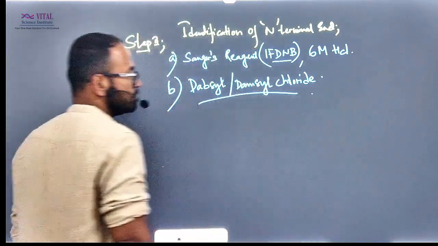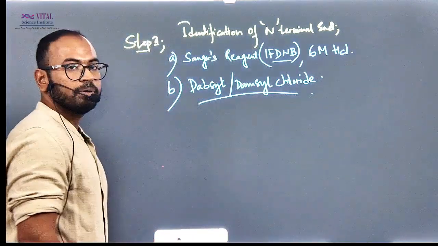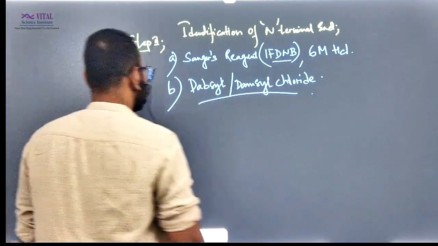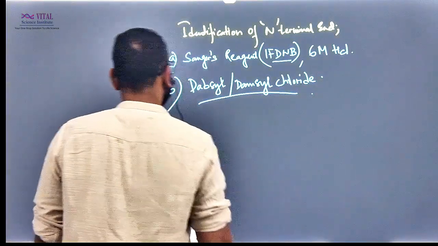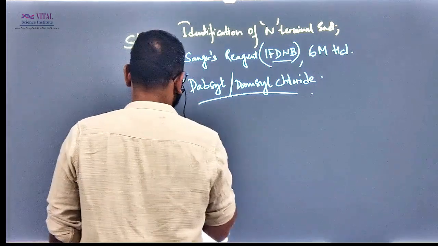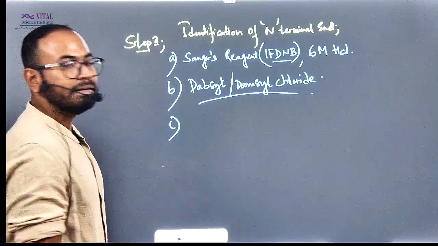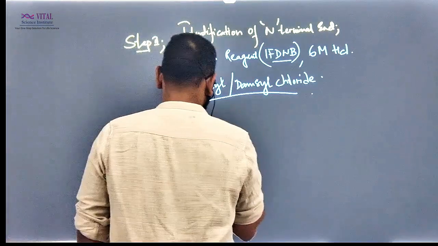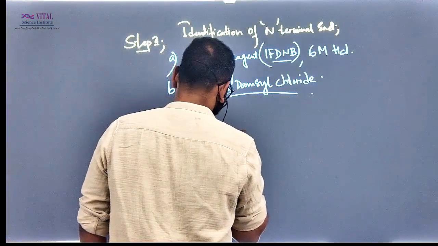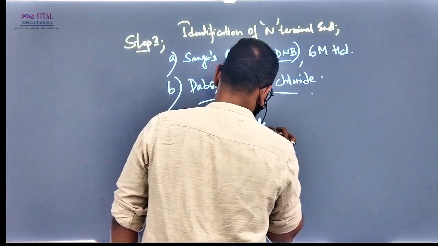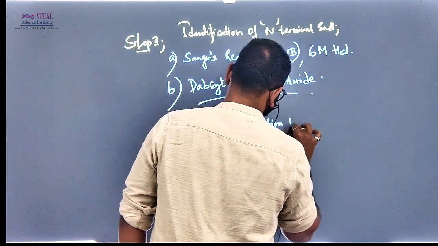This can also be done, and this will help to identify the amino terminal end. But the most effective way to determine our amino terminal end is by using the Edman degradation mechanism.